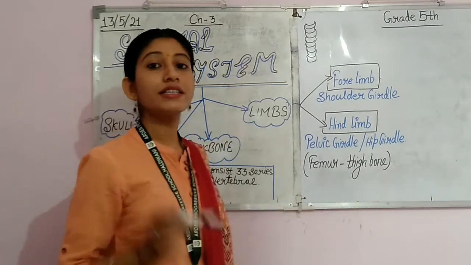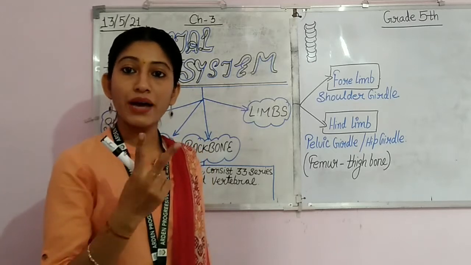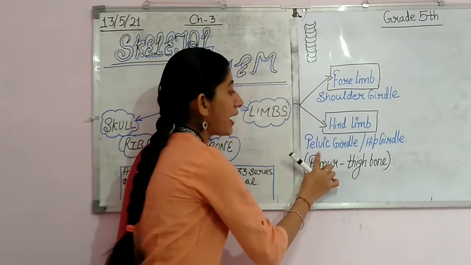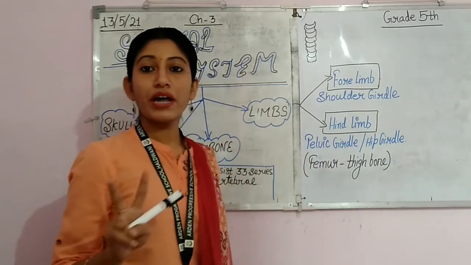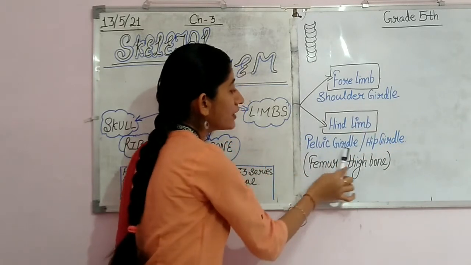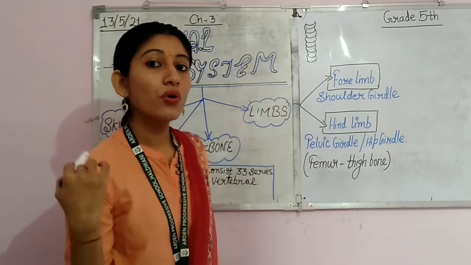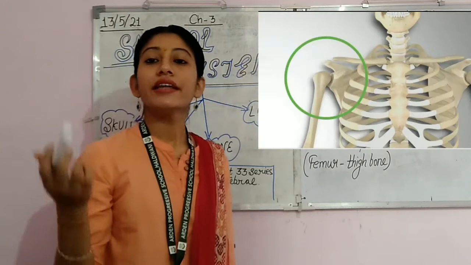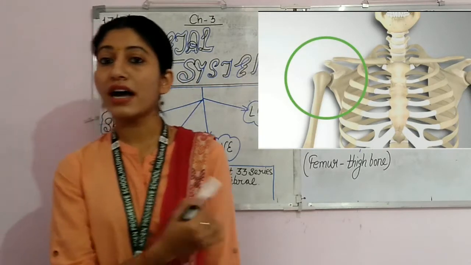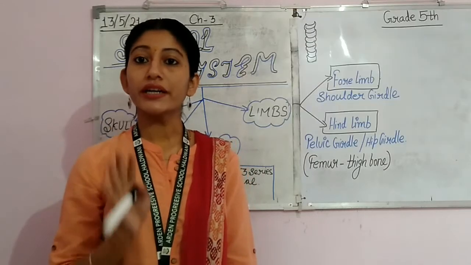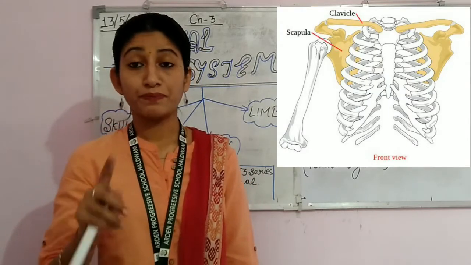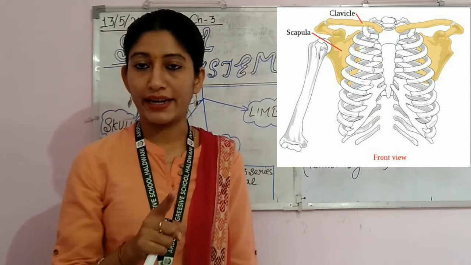We have two types of girdles. What are these? Shoulder girdle and pelvic girdle. Now what is the role of the shoulder girdle? The shoulder girdle connects our forelimbs to the spine.